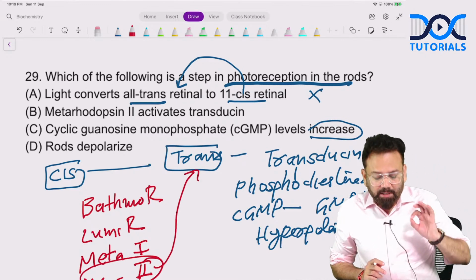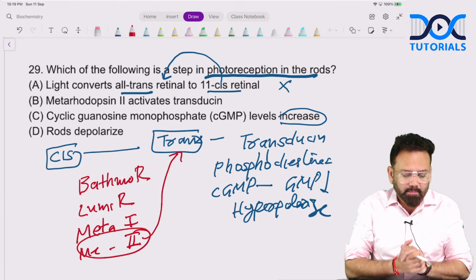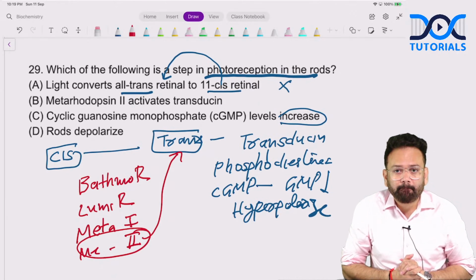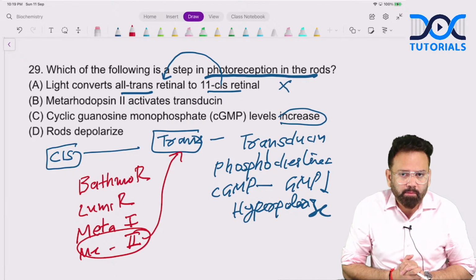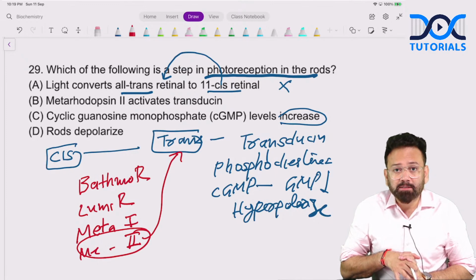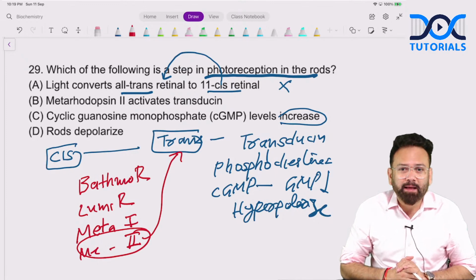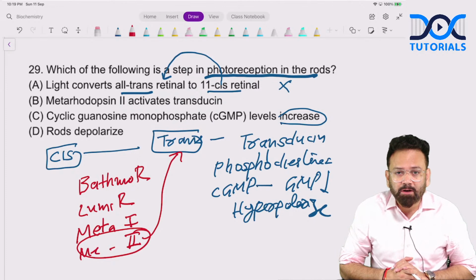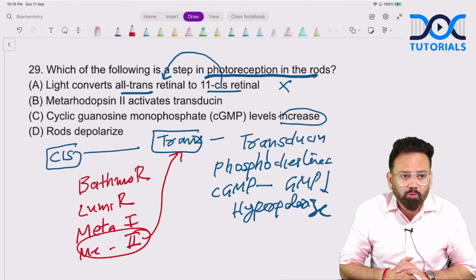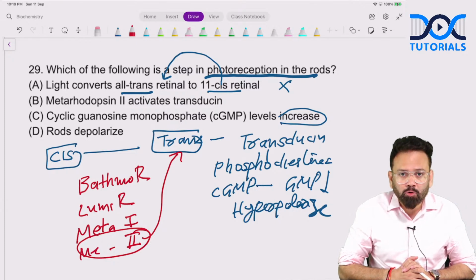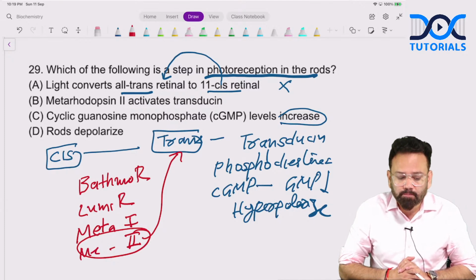So see, all options are close but opposite. Very beautiful question. I hope you remember the notes. Please keep on revising the notes, but revision will not be helpful if you are not doing what? MCQs. Until you solve MCQs, no notes are going to help you.